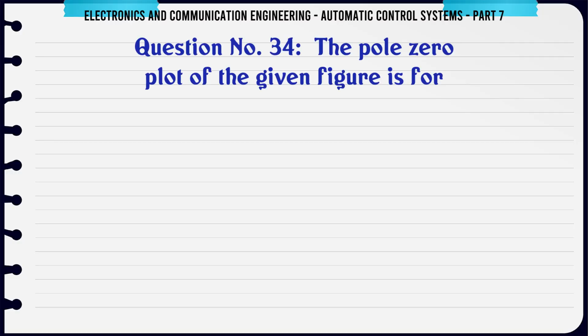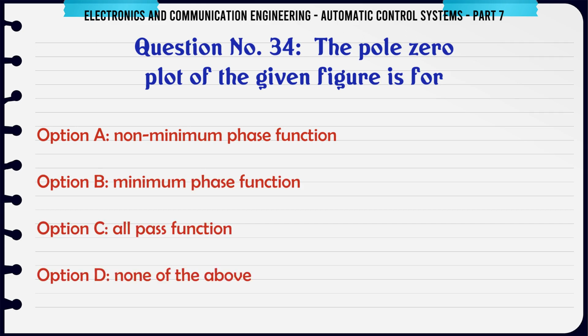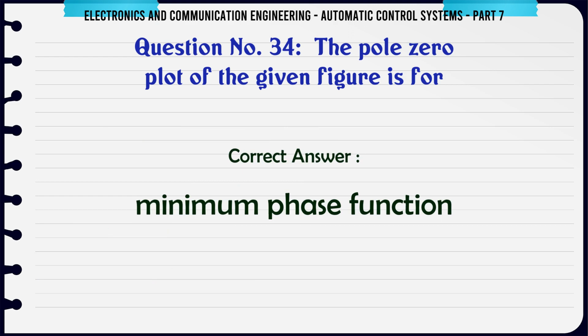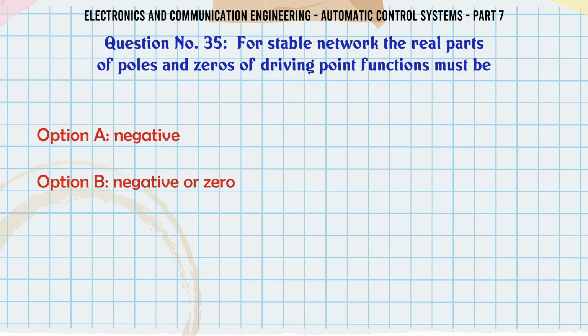The pole zero plot of the given figure is for A. non-minimum phase function, B. minimum phase function, C. all pass function, D. none of the above. The correct answer is minimum phase function. For stable network the real parts of poles and zeros of driving point functions must be A. negative, B. negative or 0, C. 0, D. positive.